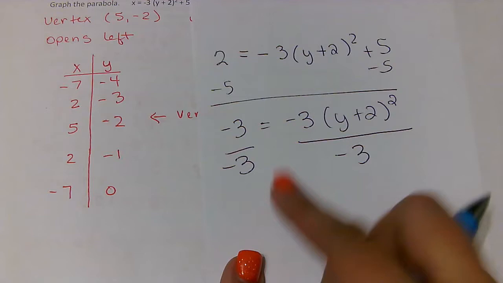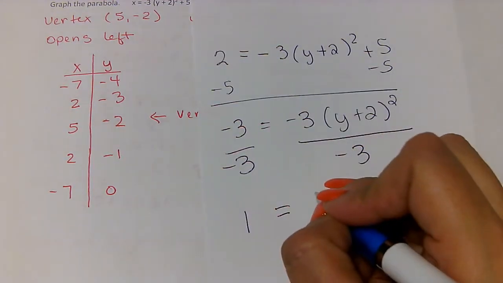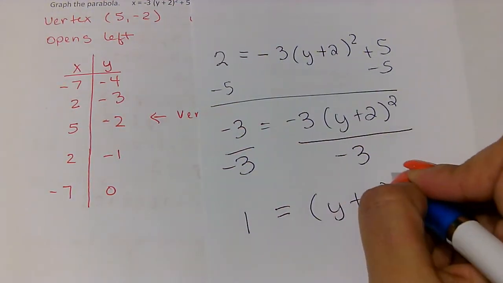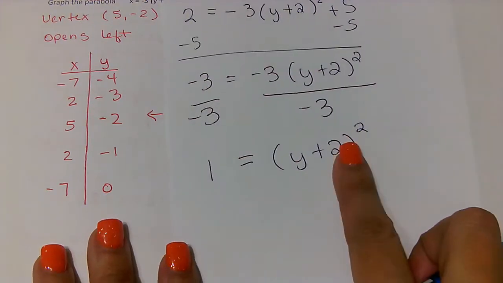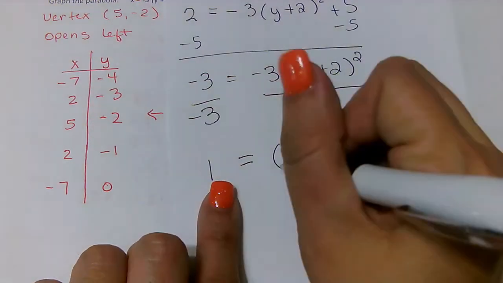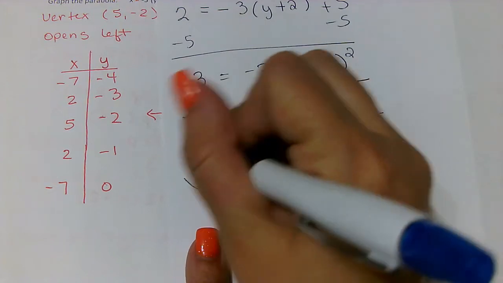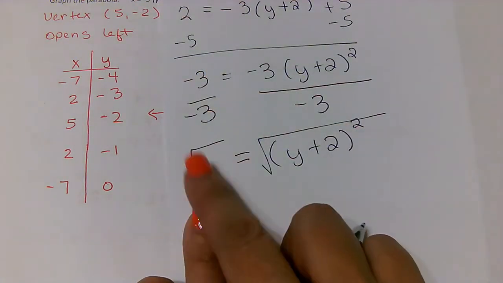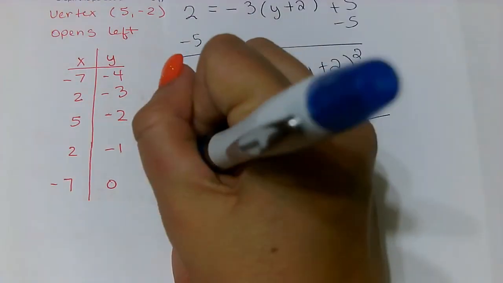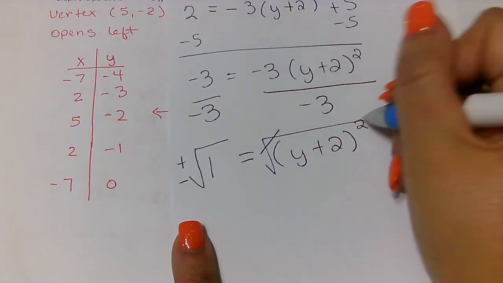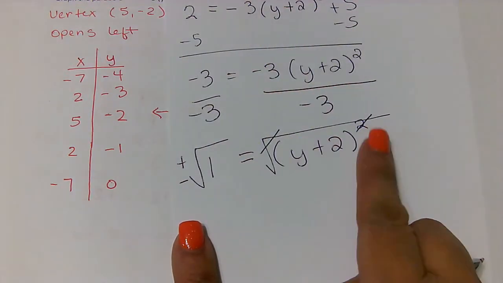When I do that, I get a positive 1 is equal to (y + 2) squared. At this point, we can take the square root of both sides, but remember, when you take the square root, the side that is not squared will have the plus or minus.